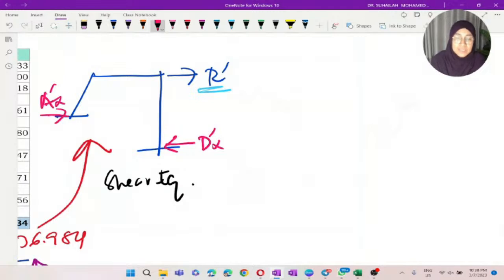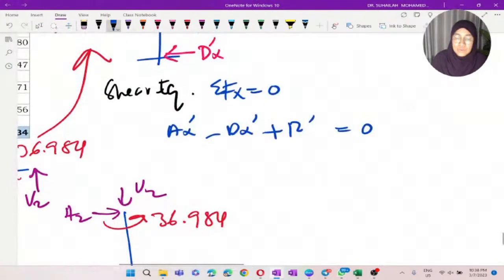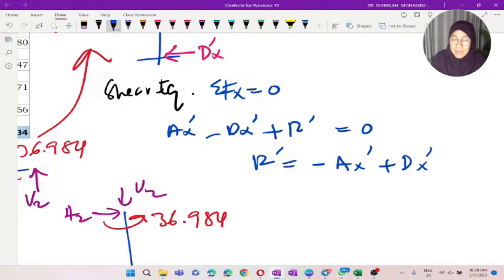From this, we can write the shear equation, which is total Fx equal to 0. So we get AX prime minus DX prime plus R prime equal to 0. So R prime is equal to negative AX prime plus DX prime.